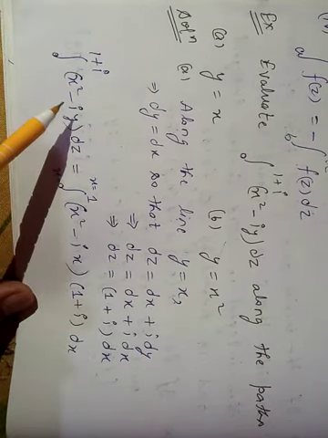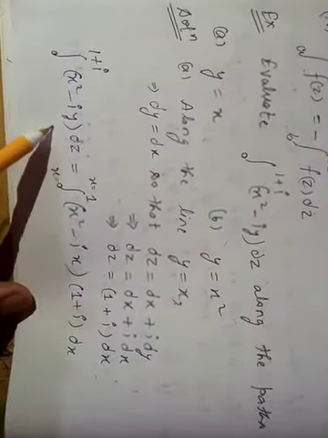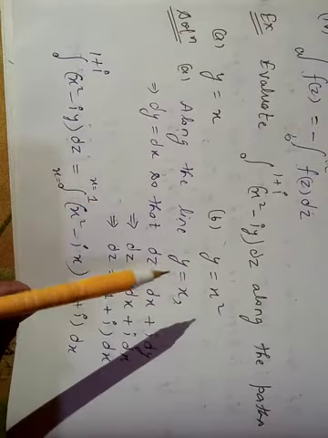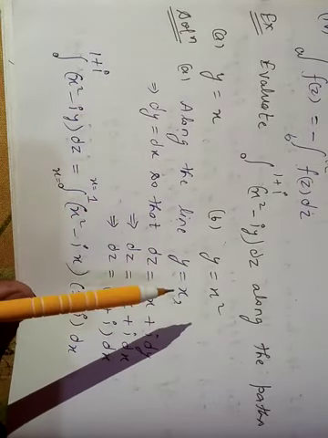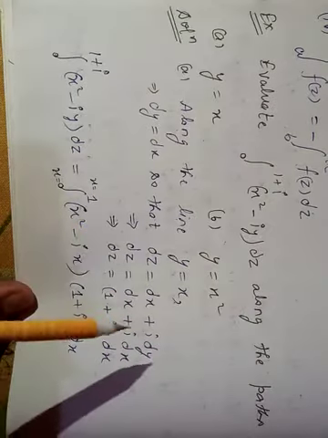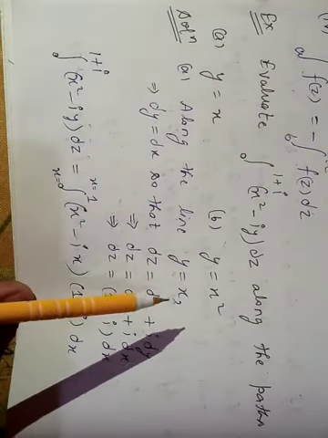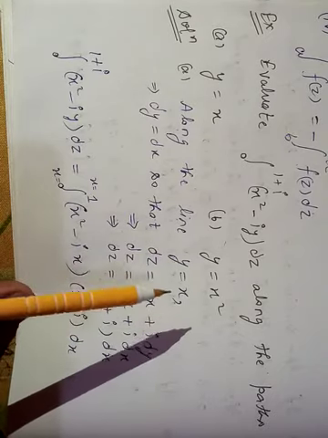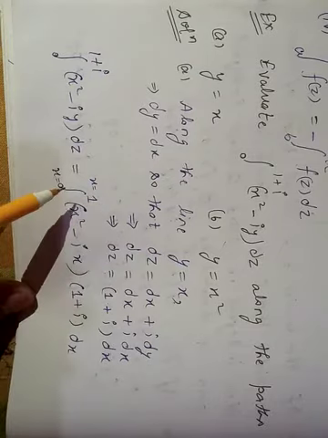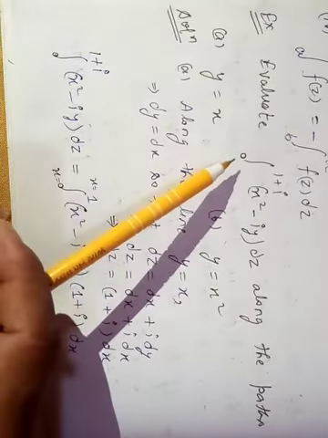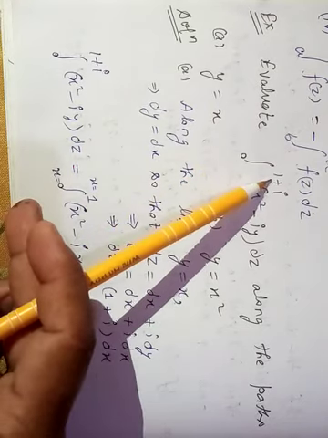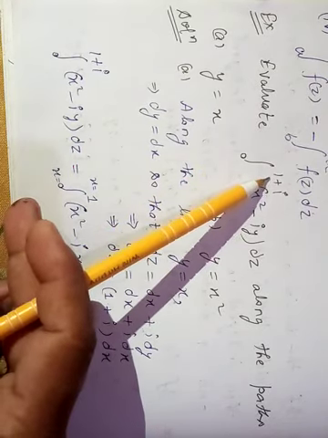So this integral can be written in this way. Since the variable y is being transformed in terms of x, we will now consider the limits of x. At the origin x is 0, and at the extreme point the value of x is 1.